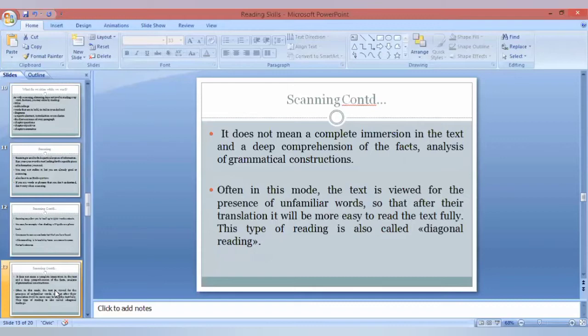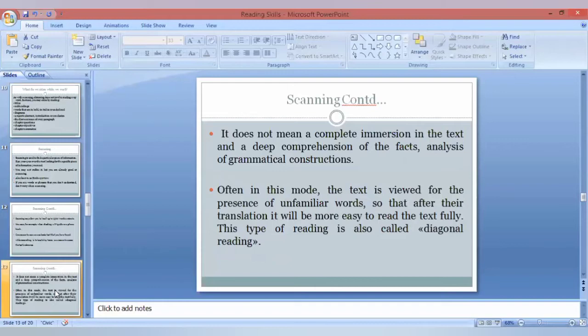It does not mean that you should completely immerse yourself in the text or read it in depth to have a deep comprehension of the facts or the analysis of grammatical constructions. These are not necessary. You don't have to worry about understanding each and every detail that you come across.